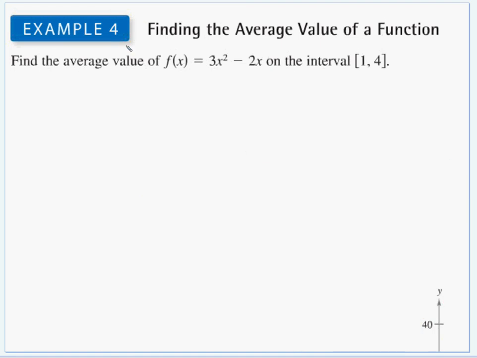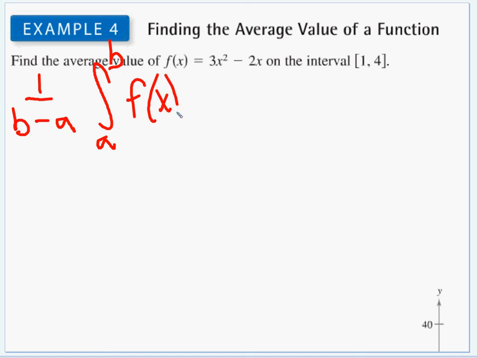Average value. Just because it's new to us, I'm going to write it here. That's the 1 over b minus a, definite integral from a to b of f of x dx. So let's start plugging in the stuff specific to our problem. 1 over b is 4 minus a is 1, or excuse me, 1 over 4 minus 1. And then we have our definite integral symbol, lower limit 1, upper limit 4.